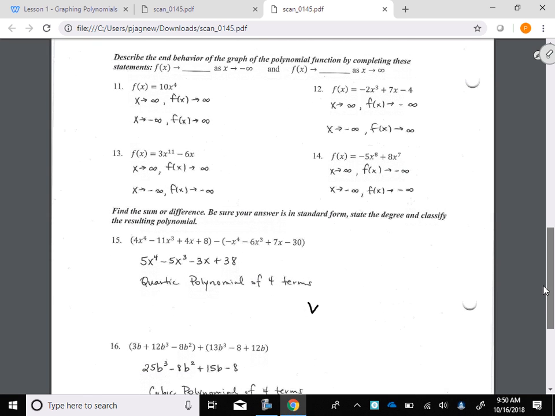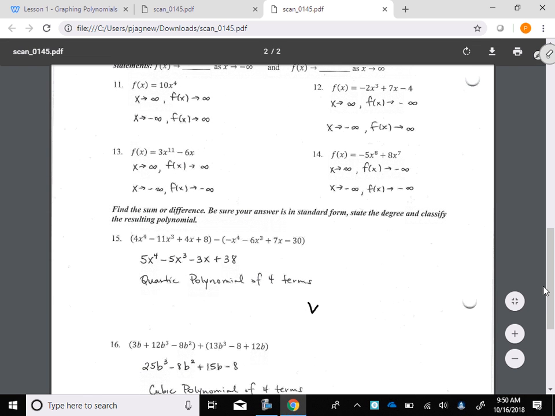And here's the end behavior for 11 through 14. Those, you had to describe as x goes towards negative infinity and as x goes towards positive infinity, what are the y coordinates doing? And again, that's all based on the degree and whether that leading coefficient is positive or negative.